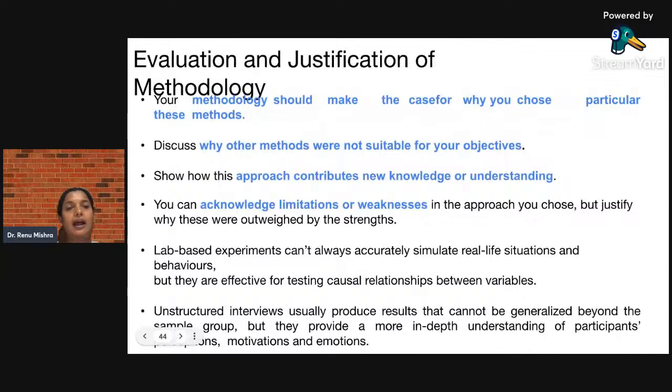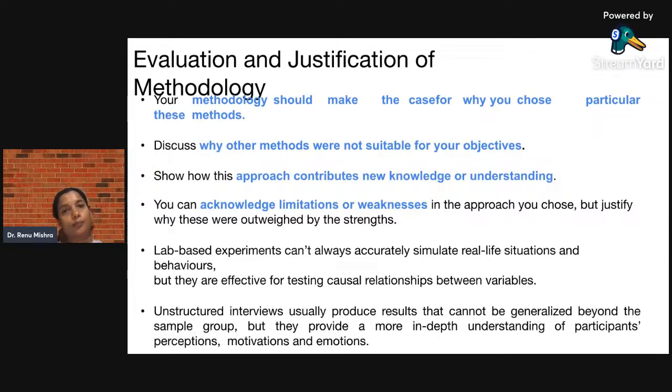Okay, now evaluation and justification of the methodology. I always tell my students as well that your methodology should show why you have chosen it, which I told you when we were beginning the session also, and how it is suitable for your objectives.